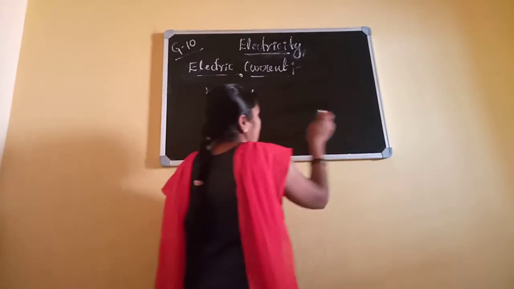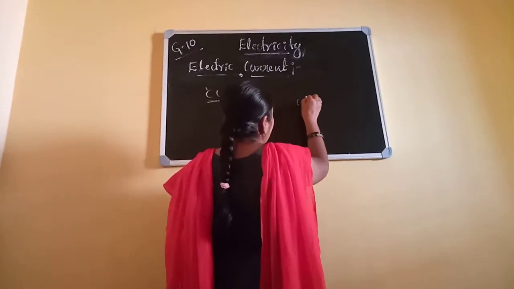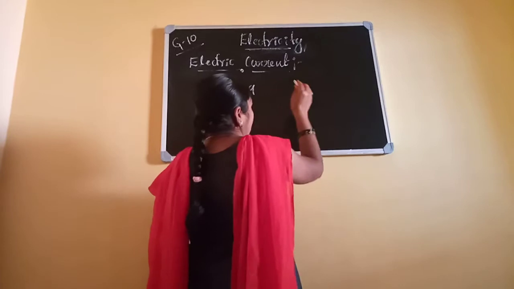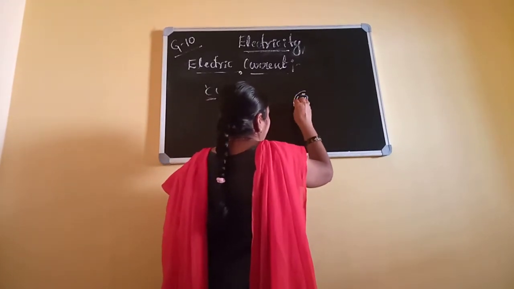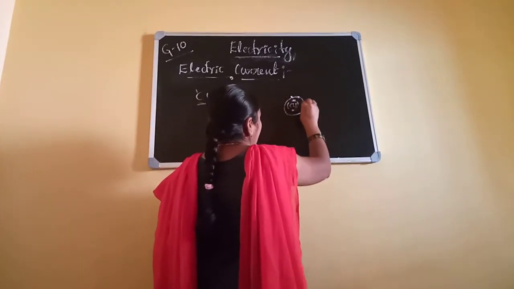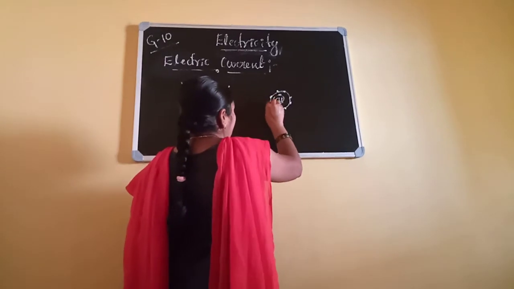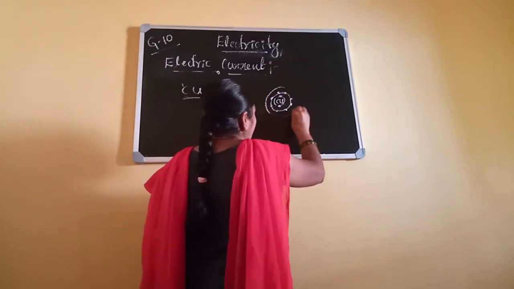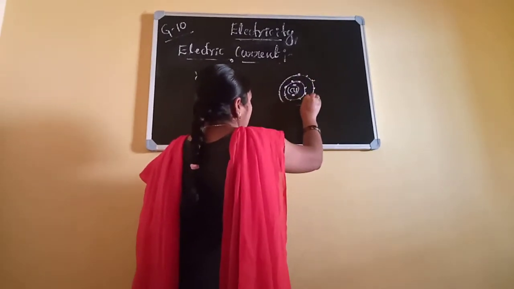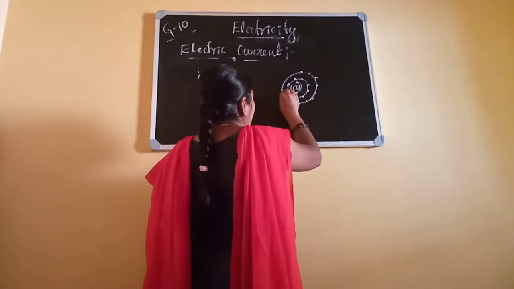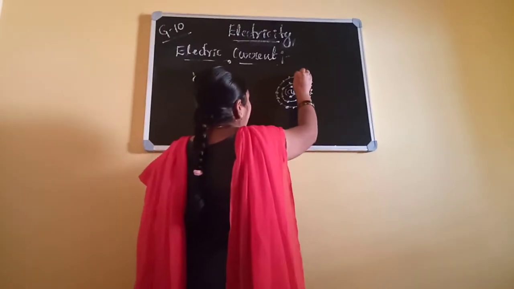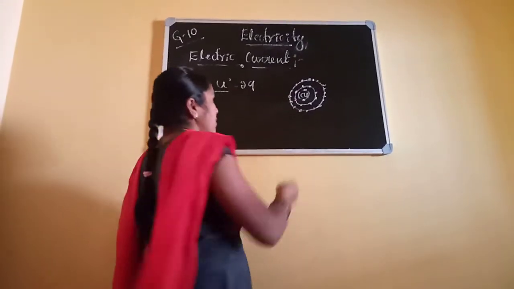Now the atomic structure. I'll write Cu. Here will be 2 electrons, here will be 8 electrons. Then electrons will be present in the next shell.